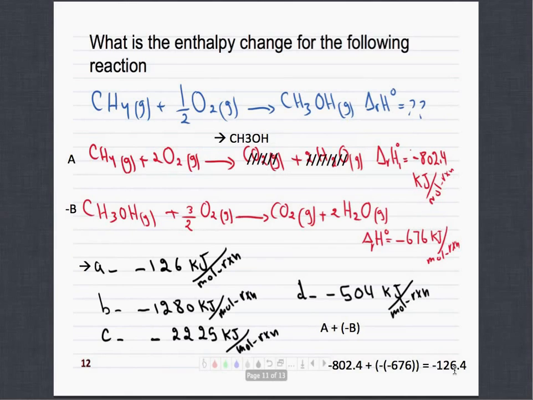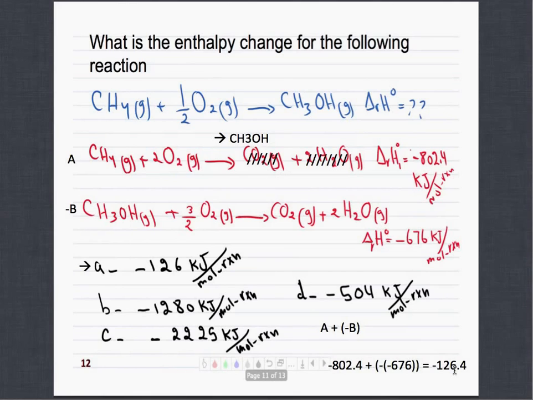If you forget how to handle fractions or this kind of subtraction, please go back and do a revision, because this is the major problem each time we get to Hess's law, that some of you can't do this calculation. 2 minus 3/2 ends up to half. So this and this are going to end up to half oxygen, which is exactly what I want in here.